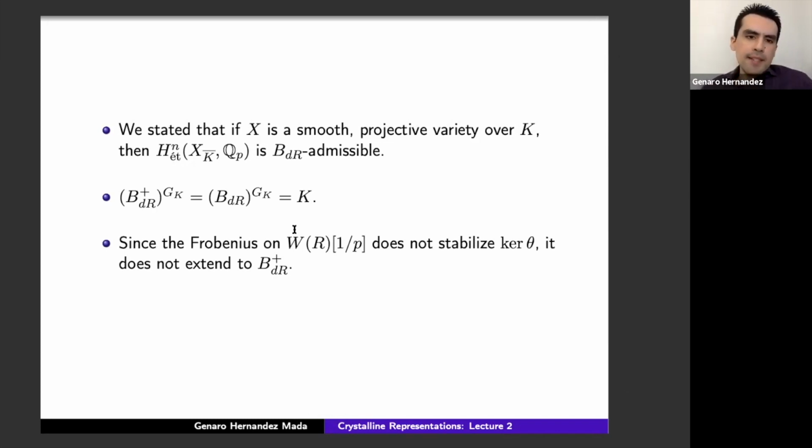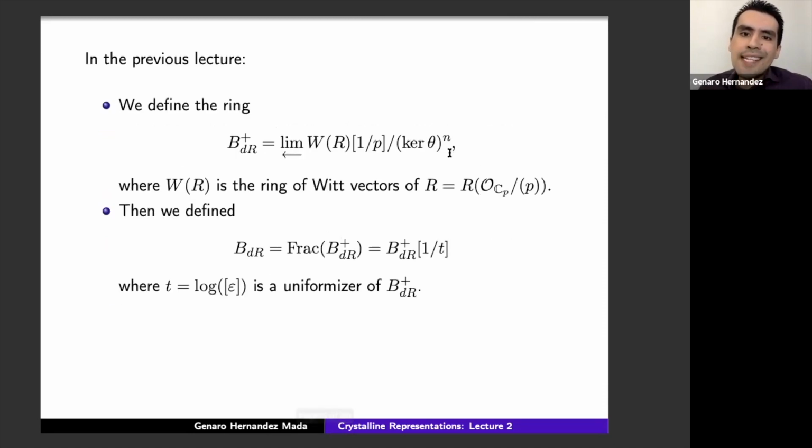And we made this important remark, which is actually what is going to motivate us to define some other period rings: the Frobenius that we have on this ring right here does not stabilize the kernel of theta, I mean, the ideal that we are using to complete here.